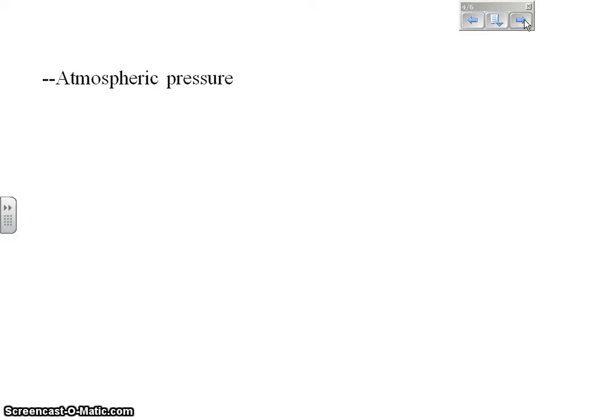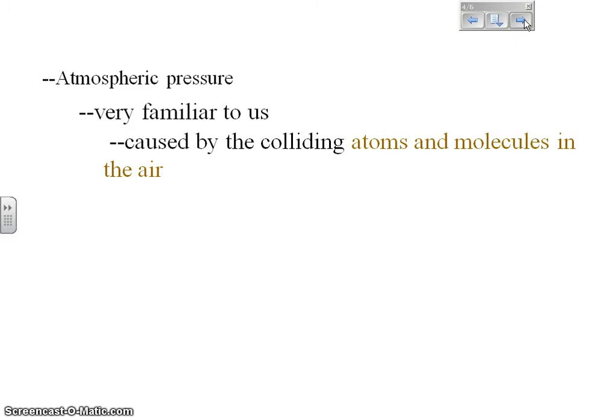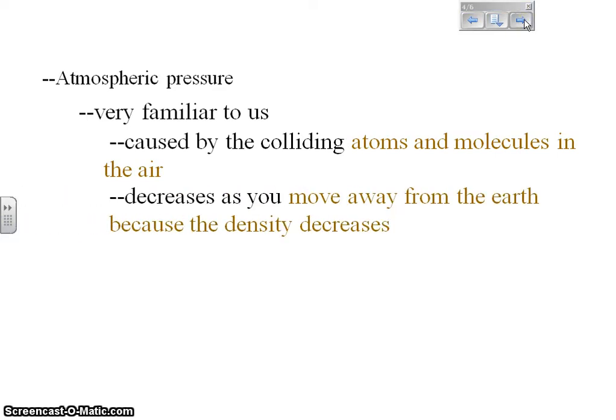Now, you've heard of this term, atmospheric pressure. You've all probably experienced atmospheric pressure. It's certainly very familiar to us, especially if you've gone into the mountains. Atmospheric pressure is caused by the colliding atoms and molecules, and hence the air. That's called atmospheric pressure. This atmospheric pressure, as you know, decreases as you move away from the Earth.